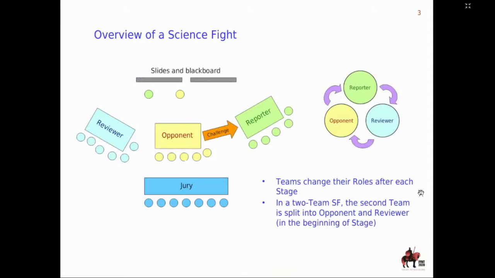But now some of the teams will enjoy such an experience. Reminding that in a 2-team science fight, 1 team is reporting and the second team divides itself into 2 groups, one acting as opponent and one acting as reviewer.